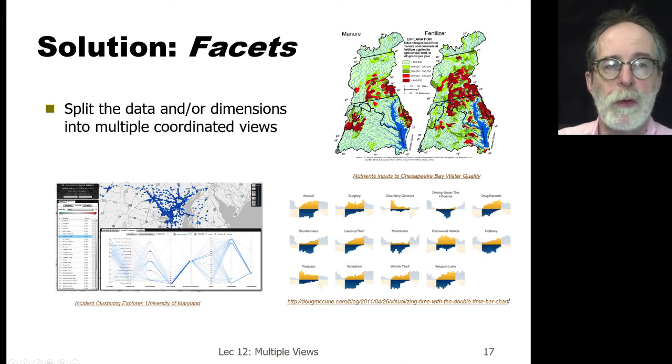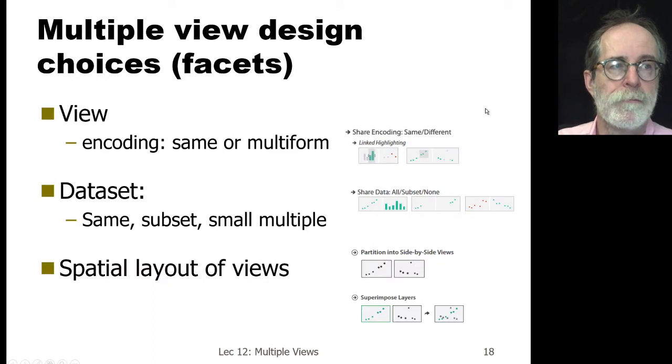And this is plotting water quality and fertilizing technique, manure versus fertilizer. The geography is the same, and what's being plotted is the intensity of a particular agricultural practice. So faceting is just kind of this general term for splitting up, in some ways, the data or the dimensions that you've got in coordinated views.